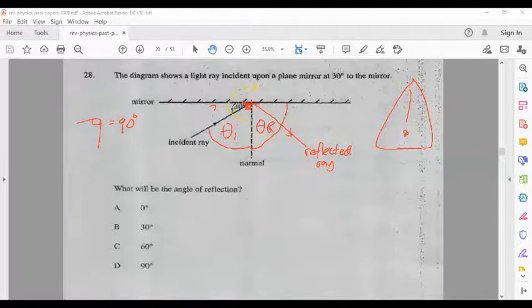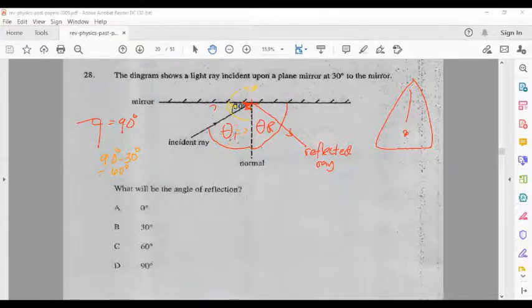And if you know a part of it, you know that this part is 30, then we can just do a simple operation, just do some subtraction, and we'll be able to figure out what this angle is, our angle of incidence. That's the one we want. So we say 90 minus 30 degrees, and that's going to give us 60 degrees.